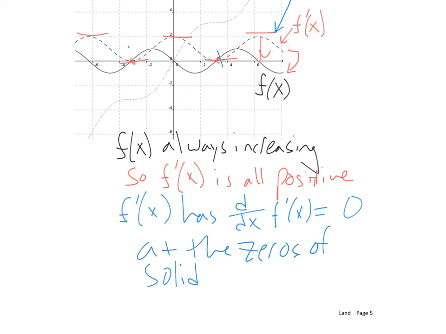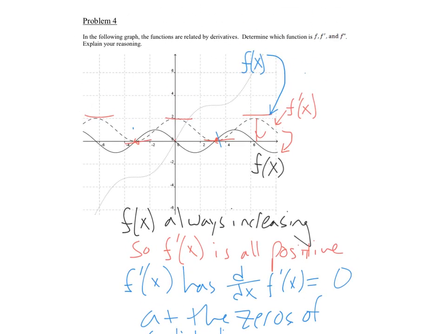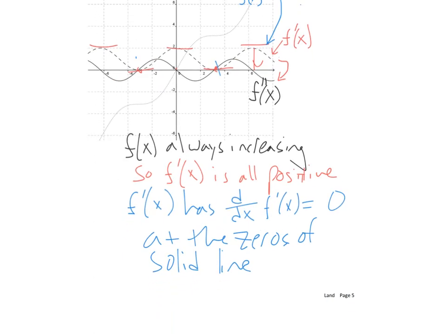That's how we got that line. Okay, so the solid line, I think I marked this wrong. Goodness gracious. This is f double prime, because that's the derivative of the derivative. So the solid line there has got to be f double prime. Okay, all right. That's the idea.